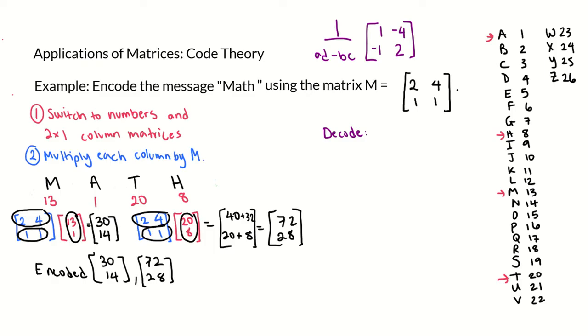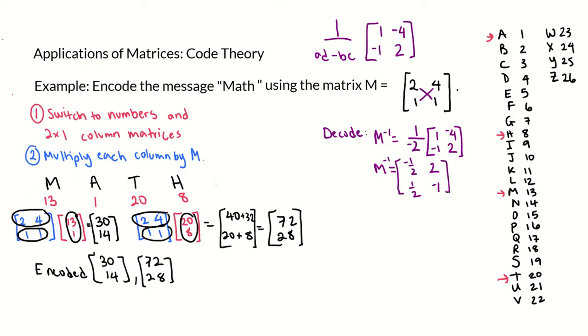So in this case the inverse matrix is going to be 1 over A times D, which is 2, minus B times C, which is 4. 2 minus 4 is negative 2. And then 1, 2, negative 4, and negative 1 along the diagonals. So that means M inverse is [negative 1/2, 2; 1/2, negative 1].